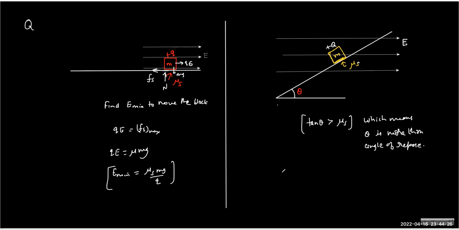The minimum angle at which the block starts sliding. So now the angle is more than the sliding angle.